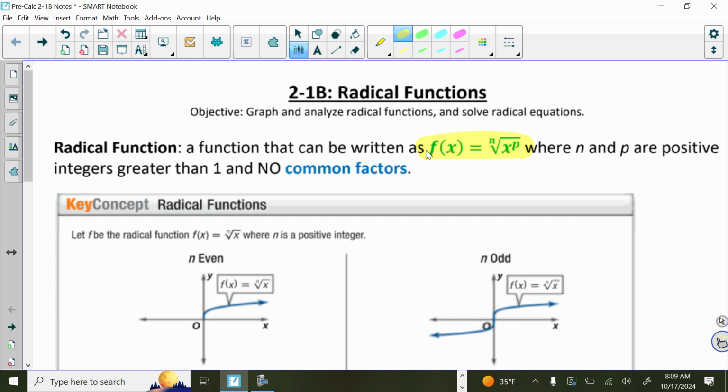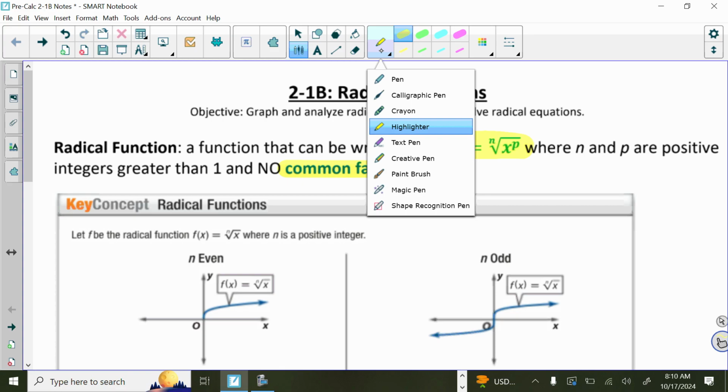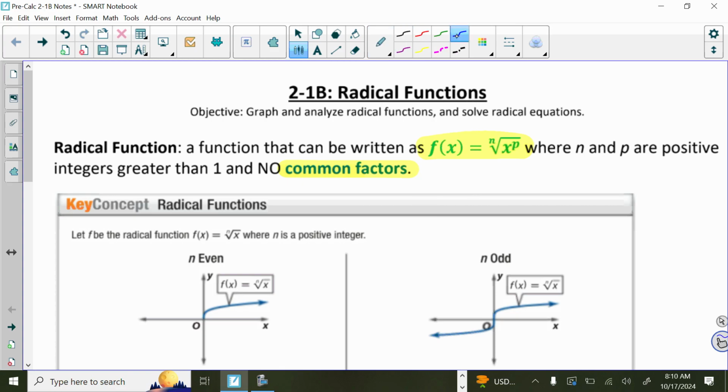If you remember, we can write it the same way. Just remember that n and p have to be positive integers greater than 1, and they have no common factors, which basically means they are fully reduced. We talked about these in the form x to the p over n power.